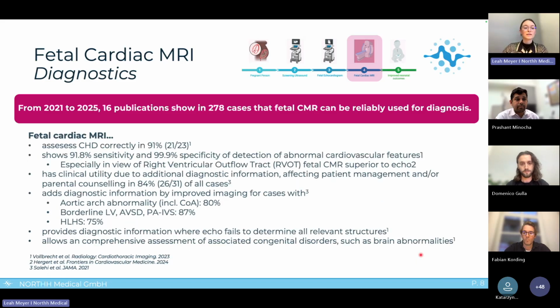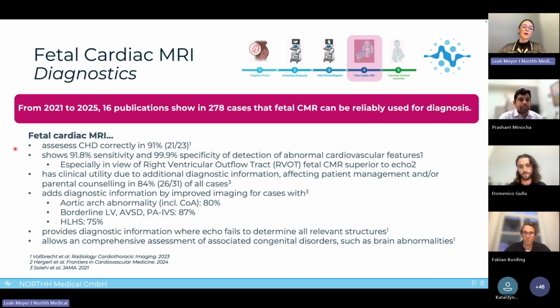Highlighting some results, fetal cardiac MRI correctly assesses CHD in 91% of cases. Here are some highlights from studies showing high sensitivity and specificity, and that fetal cardiac MRI has clinical utility, due to additional diagnostic information affecting patient management and/or parent counseling in 84% of cases, which were 26 of 31 cases.